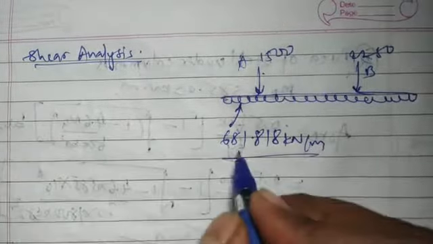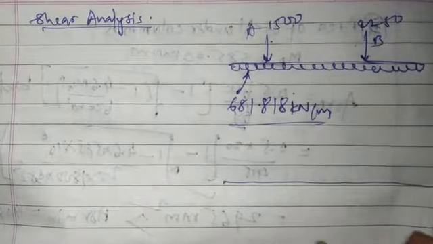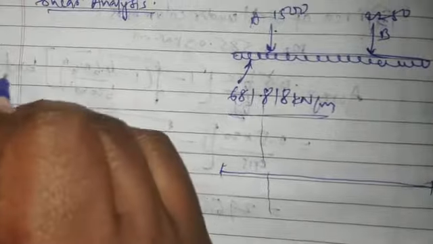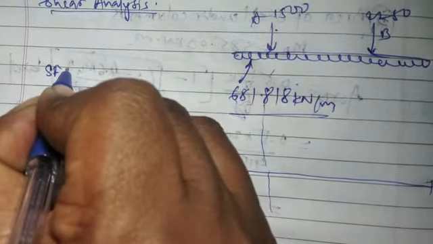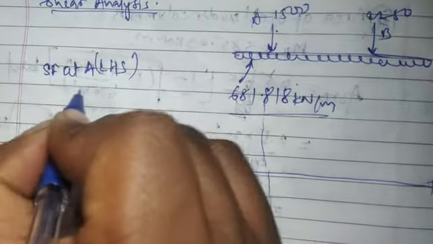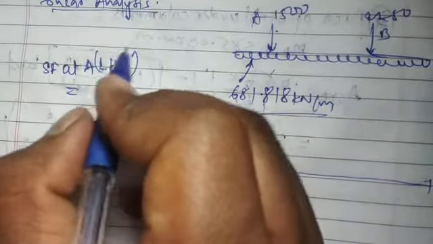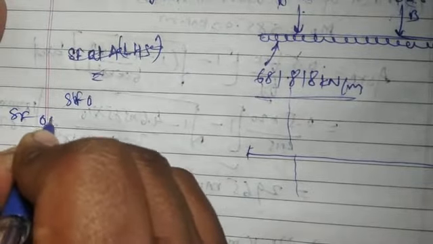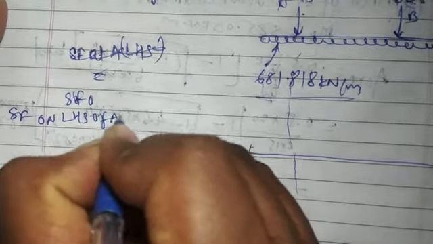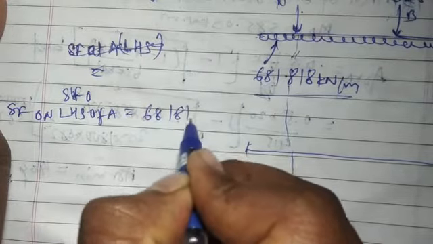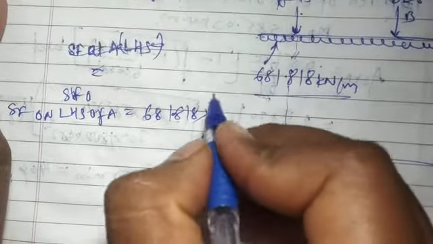Now let's calculate the shear forces at various sections. First of all, we'll calculate the shear force at A, on the left hand side of A. So the shear force on the LHS of A: here in this section we can check that on the left side there is only UDL, so 681.818 into this cantilever portion of footing, that is 590 mm.